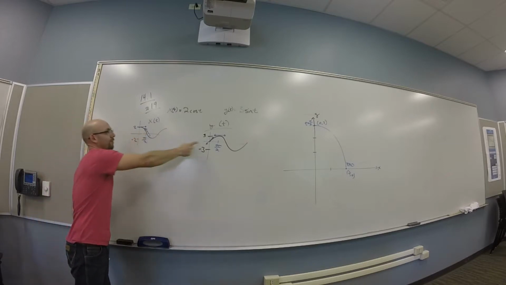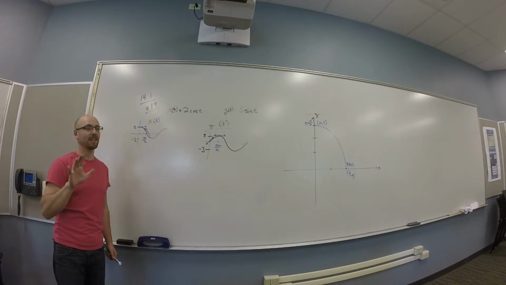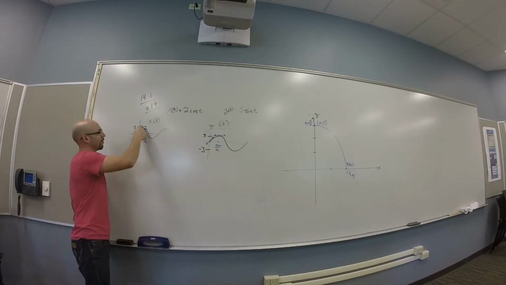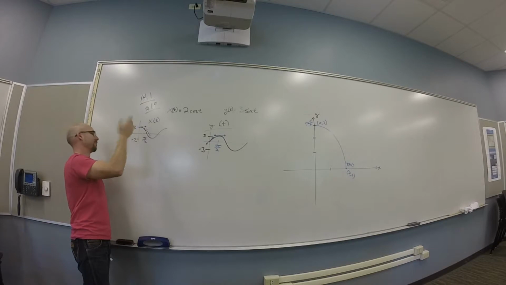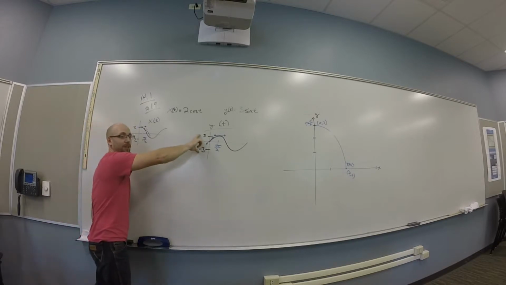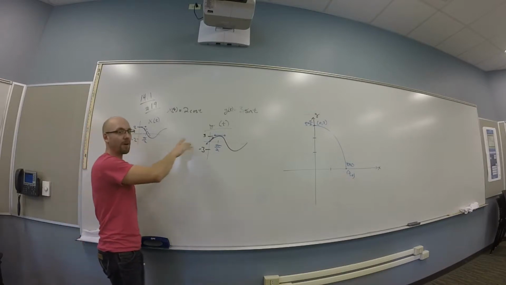So at pi over 4, they're both going at the same rate, give or take. It's not actually quite true, because this one goes from -3 to 3, so it's always a little bit faster than this one that goes from -2 to 2. So the y rate's always a little bit quicker.